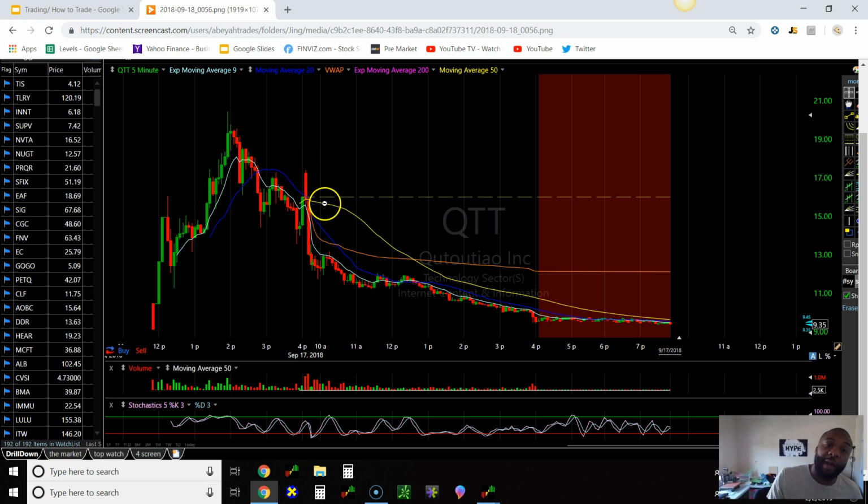If it turns back around, of course you don't want to be in it. But if it spikes around, chops around, and never breaks the high of day, then you're good, if you're going to take it lower. This is as perfect as you can get it for a green to red. There was just no bias here.